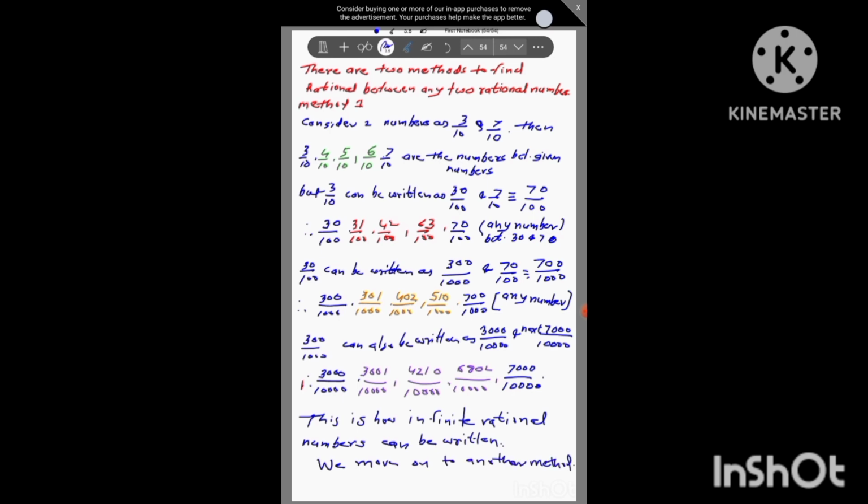So after finding the first method to find the rational numbers between two rational numbers, the second method is to find the mean of the two given numbers. We see the example here.